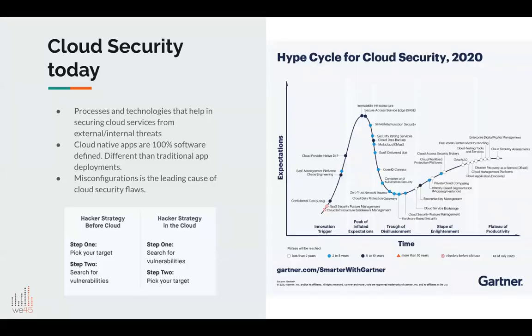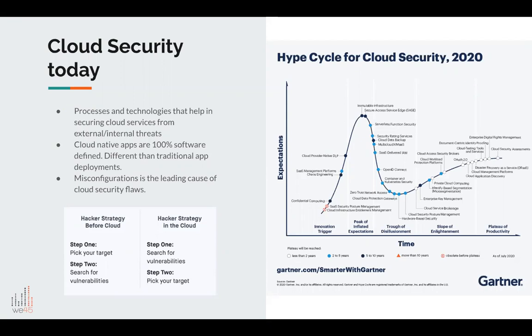Before I get started on the tool spotlight, let me take a moment to set the context with respect to understanding what cloud security is in today's contemporary scenario. Gartner has a study called the Hype Cycle for Cloud Security 2020.